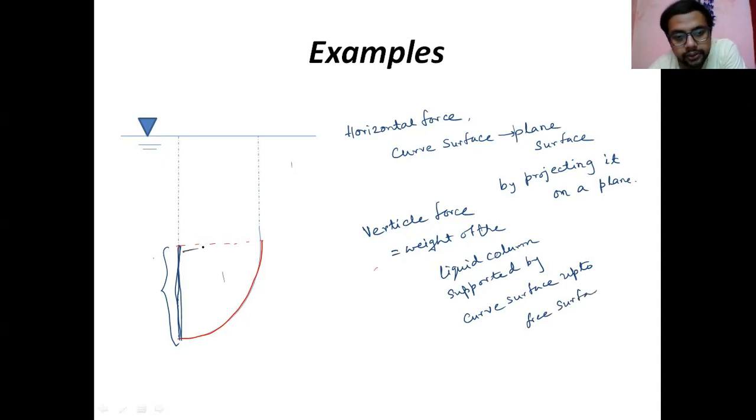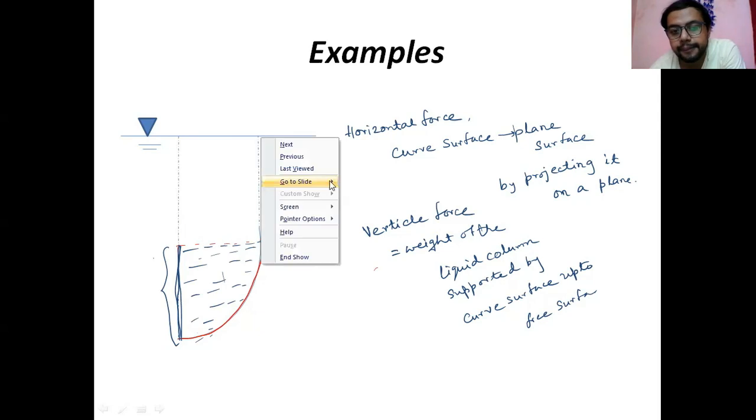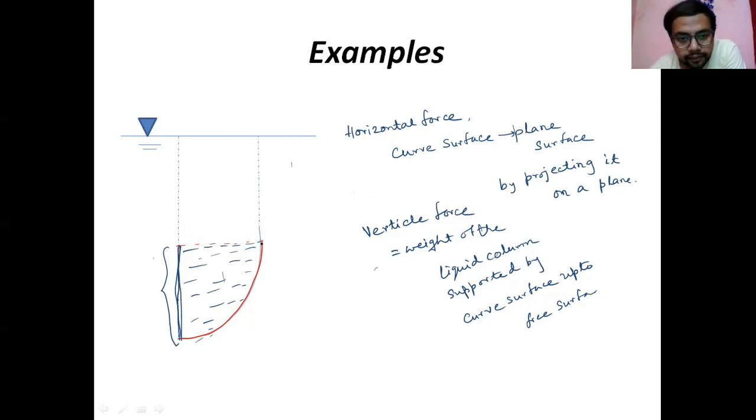So there is a liquid, and this liquid is supported by this curved surface. From here, if you draw a vertical perpendicular line up to the free surface, that is this. This is one end of the curved surface, let us call it A, and this is B. From A, you draw one dotted line up to the free surface.